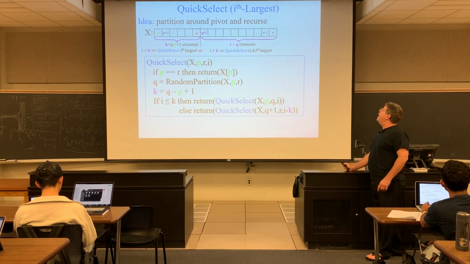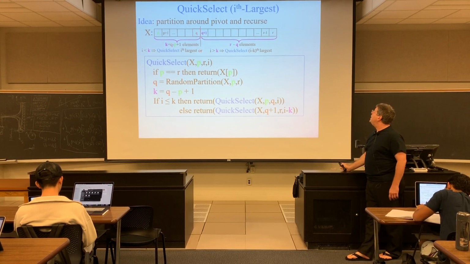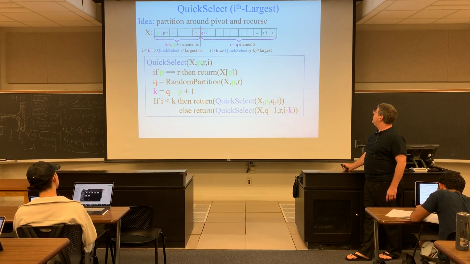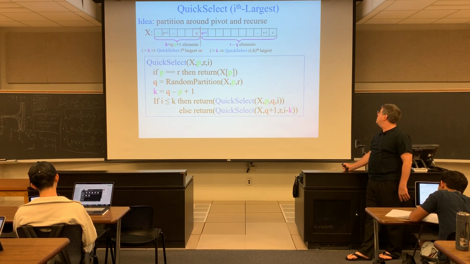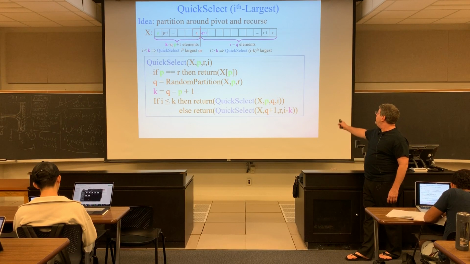Otherwise, we recurse on the upper portion of the array, which is this portion here that contains R minus Q elements. So we recurse from the element Q plus 1, which is the first element of the upper portion, to the end of the upper portion, which is element R over here. And we're not looking for the ith anymore.